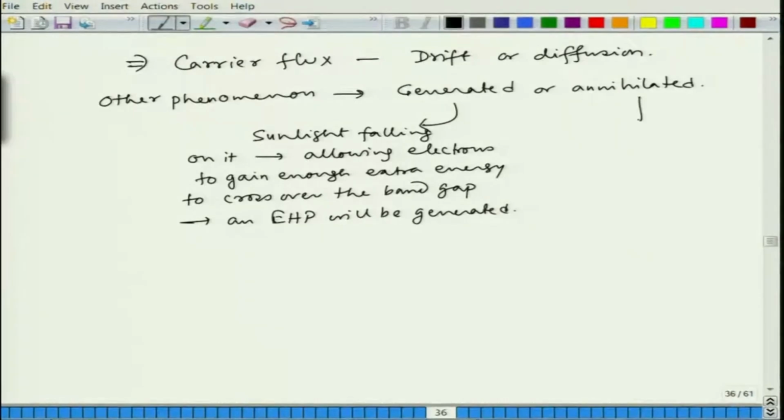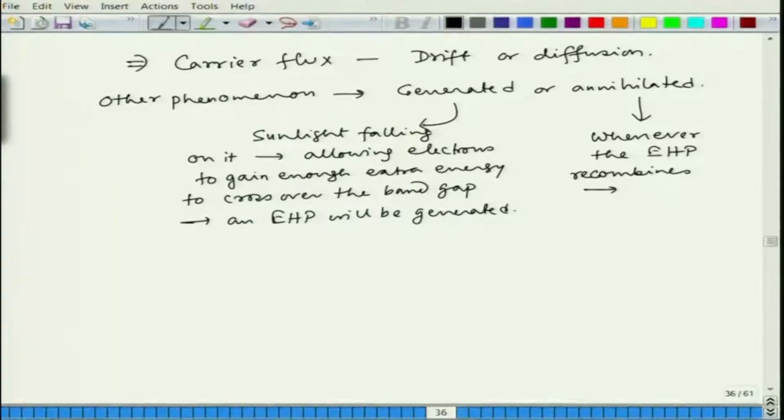And how will the annihilation happen? Whenever the electron hole pair recombines, that means electron and hole recombine, giving us nothing. So, energy is released and the electron hole pair is annihilated.